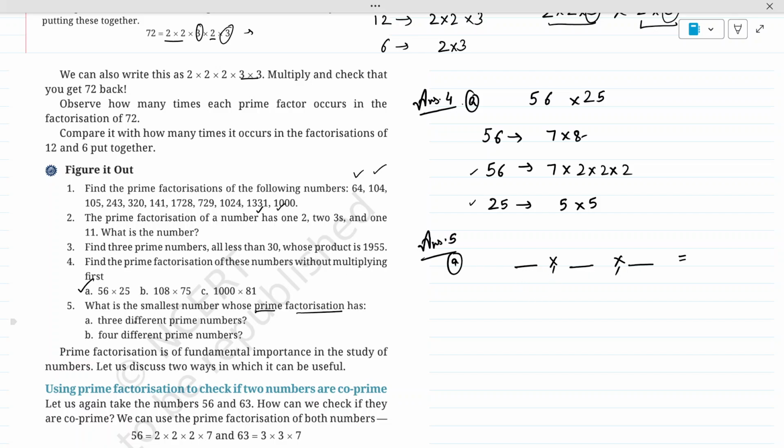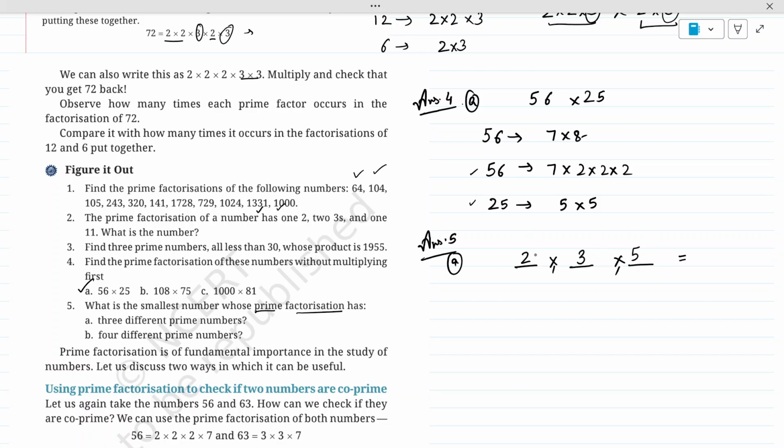So let us find out the first 3 prime numbers here. That is 2, 3 and 5, right? These are three different numbers, these are prime numbers, and these are the smallest prime numbers also.